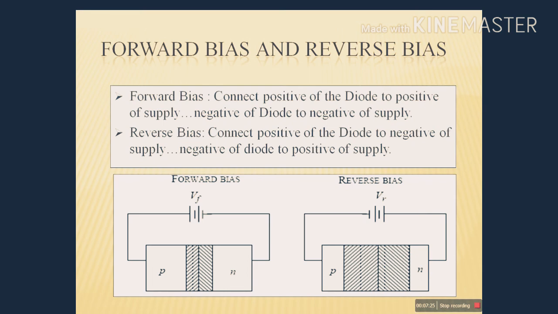During forward biasing, majority carriers move across the junction and they conduct a current. During this process, the resistance of the diode becomes low, and it also works as a switch.